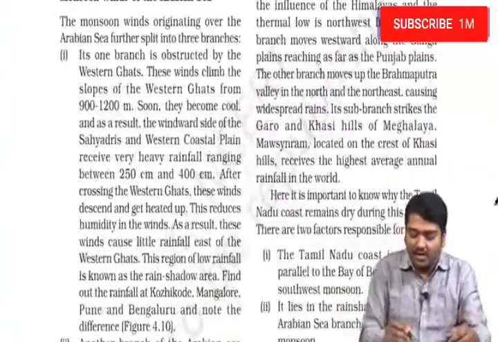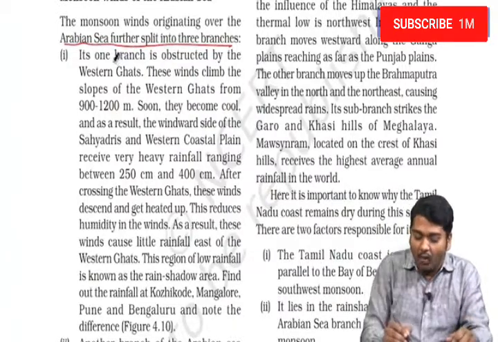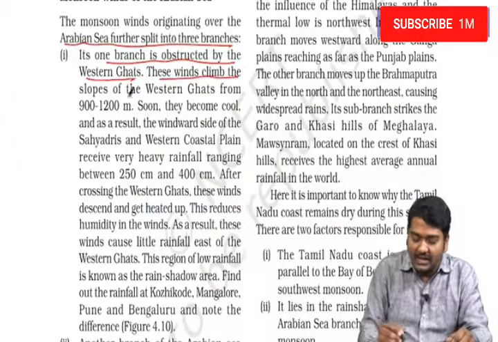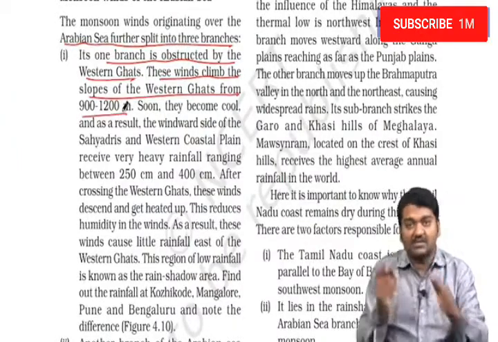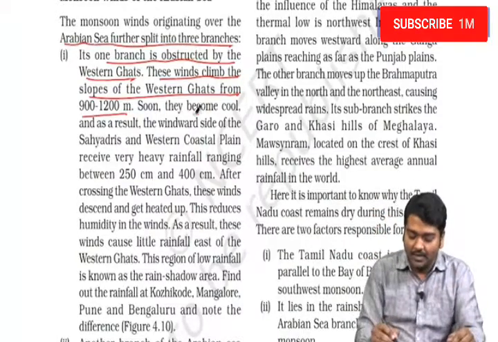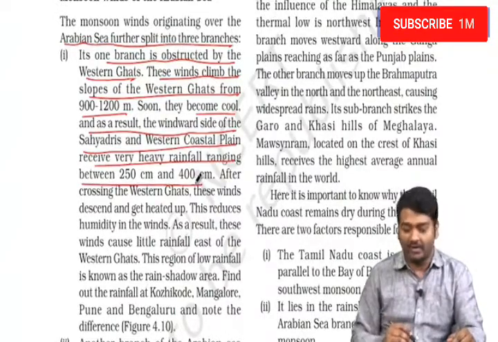So here we are talking about the Arabian Sea branch, which further splits into three. One branch is obstructed by the Western Ghats. These winds climb the slopes of the Western Ghats, which is 900 to 1200, and whenever they climb, they become cool. As a result, the windward side usually gives you heavy rainfall between 250 to 400.